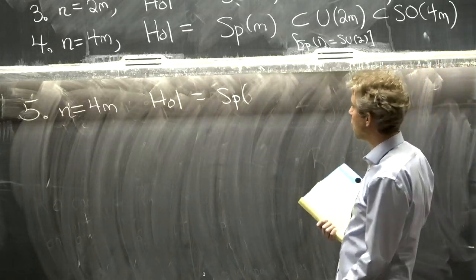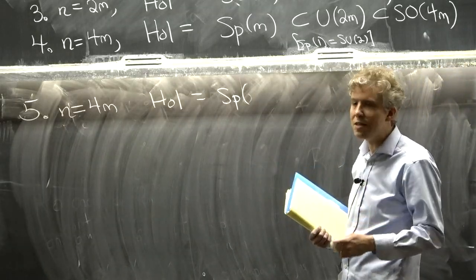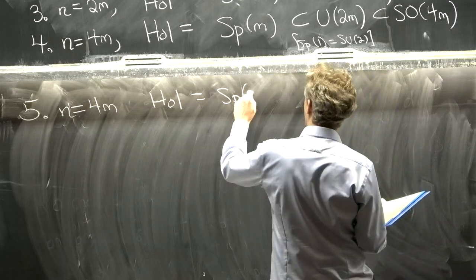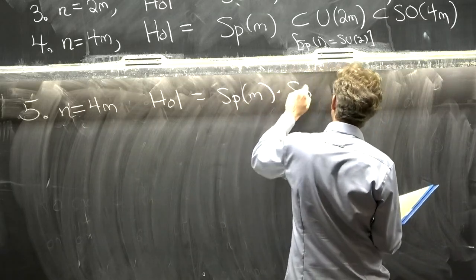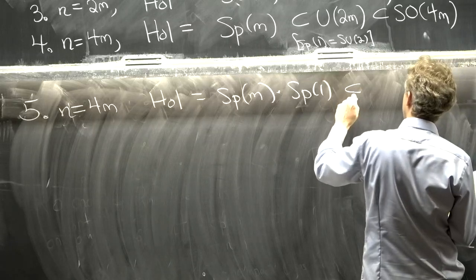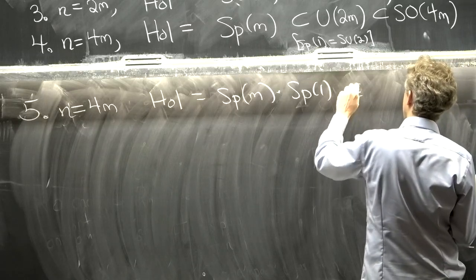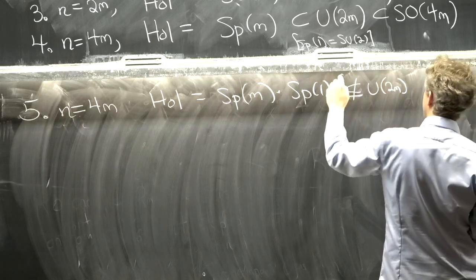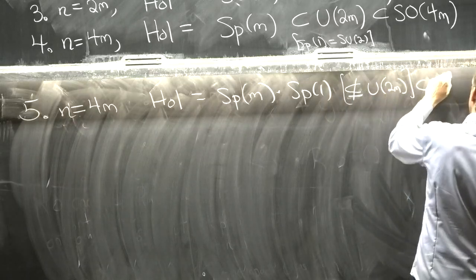Like, do I put a U in front of it, or is there a factor of 2 inside? This is the convention I'm using. Holonomy is Sp(m) times Sp(1), which is not in U(2m), but it is in SO(4m).